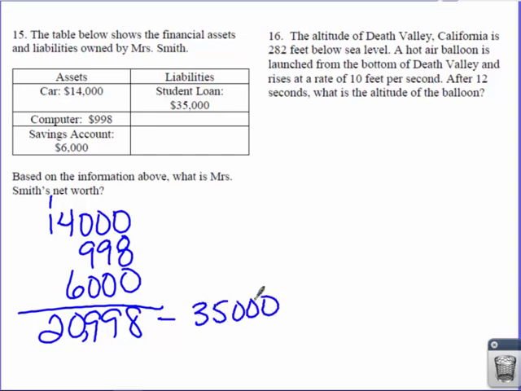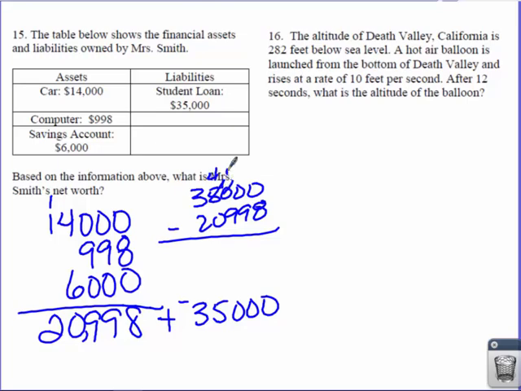Okay, so now I can't actually do that, so I change my subtraction to addition next number to its opposite. Now I know I subtract those two numbers. So 35,000 minus $20,998. Okay, so I come over here to the 5, I borrow, it's 4, borrow all the way across.